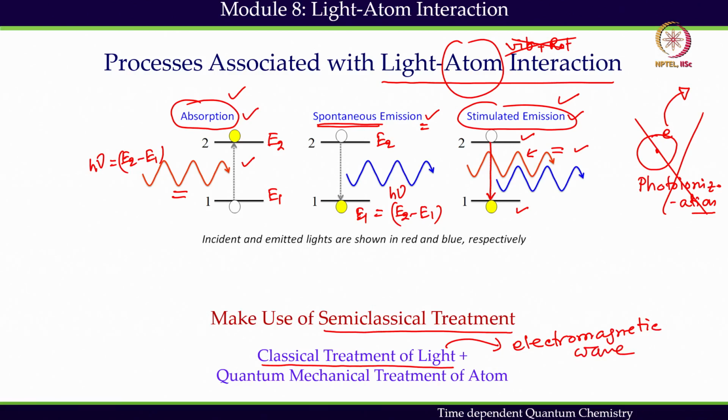This classical light will be interacting with a quantum mechanical atom. So, the atom will be treated quantum mechanically, and light would be treated classically. That is why the name semi-classical comes in.